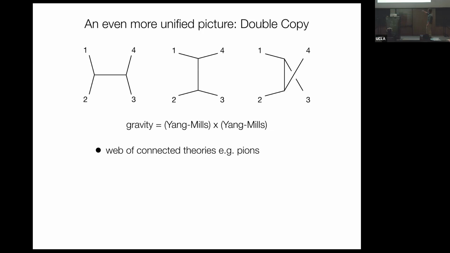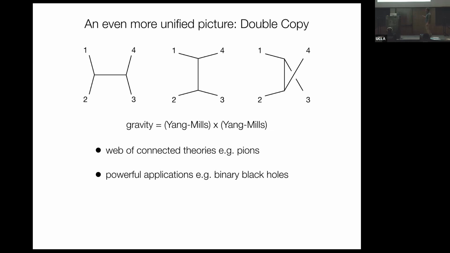Or you can, of course, consider a theory and peel off one of the factors and do division using this multiplication theory and get another one. And this interconnected web of theories includes all sorts of theories like nonlinear electrodynamics, but also some familiar ones like the theory that describes pions. Okay? Now, as I'll tell you later on, this has some powerful applications.